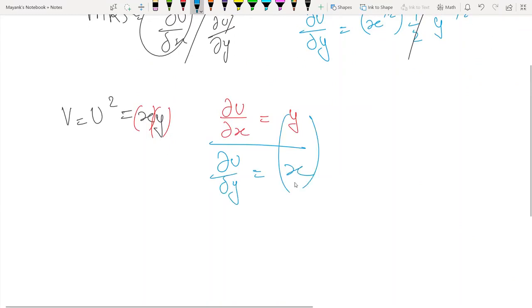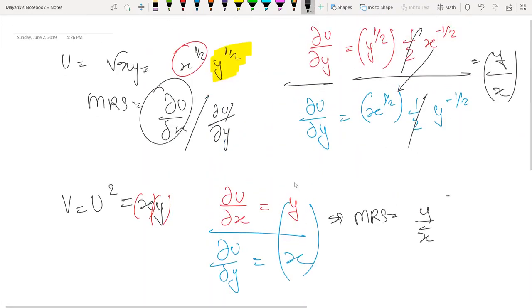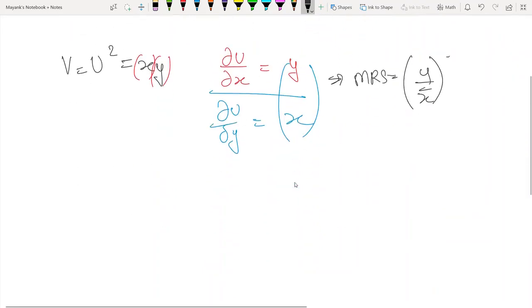So the ratio is y by x. So MRS equals to y by x, which is same as what we were having earlier. Okay, so the formula remains the same under monotonic transformation. But obviously this differentiation is way easier. So feel free to use monotonic transformations whenever it eases your calculations.